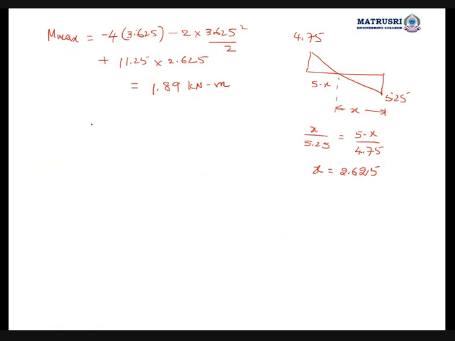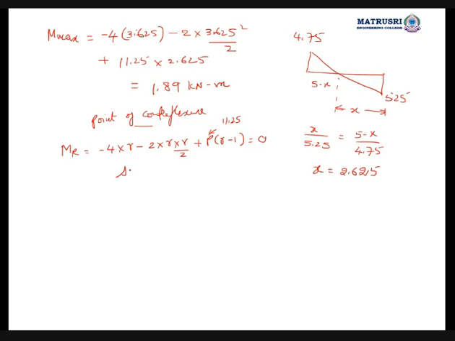So point of counterflexure. M at R I am writing: minus 4 into R, as just explained, minus 2 into R by 2, plus P into R minus 1 is equal to 0. P value you know, 11.25.